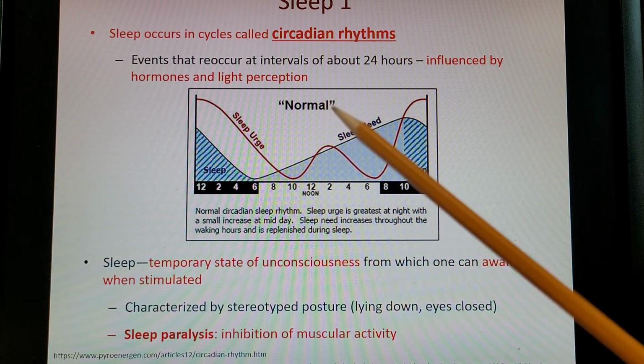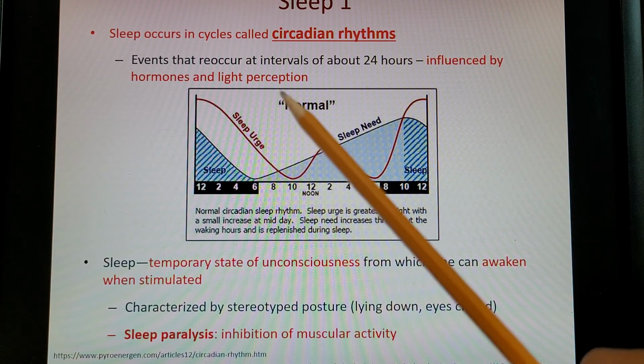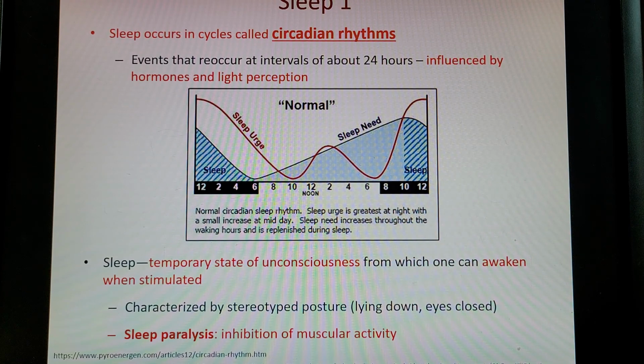So we do have this little bump in the middle of the day. This is why around 2 o'clock you have that kind of urge for, I need a coffee, I need some caffeine, I need to take a nap. It's because of this. You have this weird little bump of need for sleep, kind of like a break during the middle of the day. So that's why in some countries they have like a siesta, or you have afternoon tea. It's just a break during that time so that you can kind of replenish and get along with your day for the rest of it.